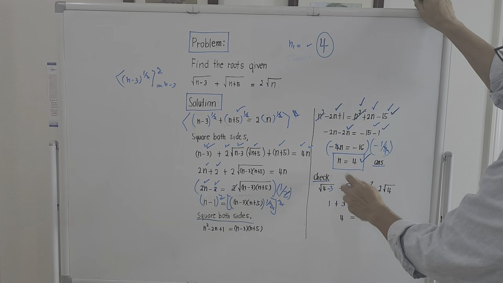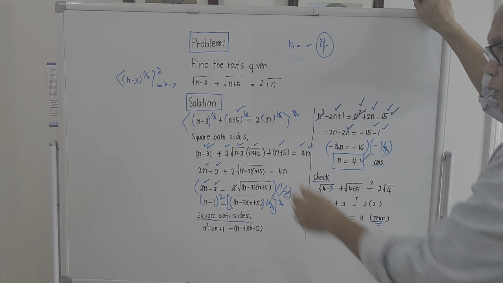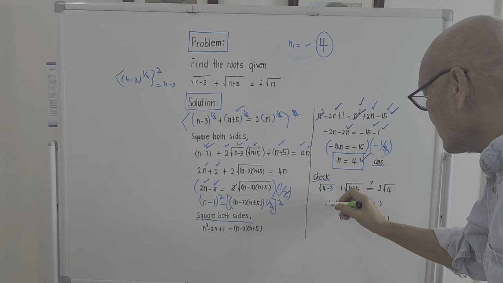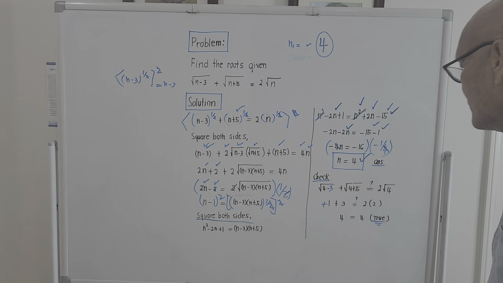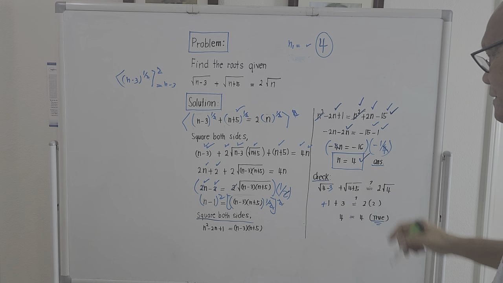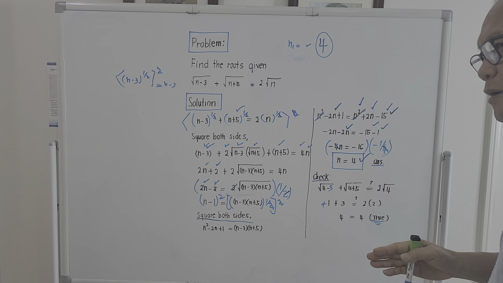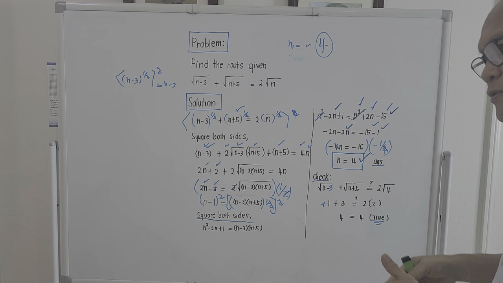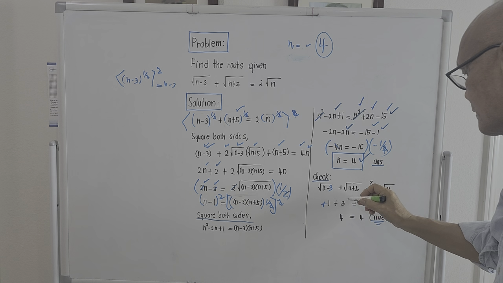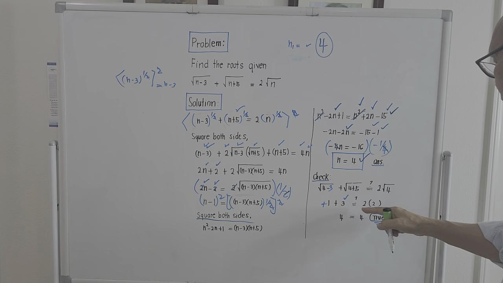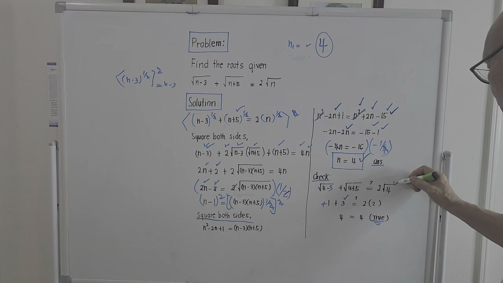4 minus 3 will be 1. The square root of 1, it could either be plus or minus 1. We'll just take the plus 1. 4 plus 5 is 9. It's a positive real number. We'll just consider the positive square root. So it will be plus 3. Is it equal to twice the square root of 4?